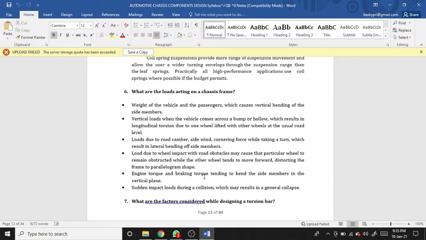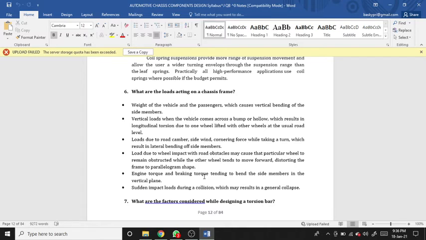Similarly, load due to the wheel impact with road obstacles may cause a particular wheel to remain obstructed while the other wheels tend to move forward, which distorts the frame into a parallelogram shape. So we are not able to maintain the frame in uniform straightness; the parallelism error is going to happen.